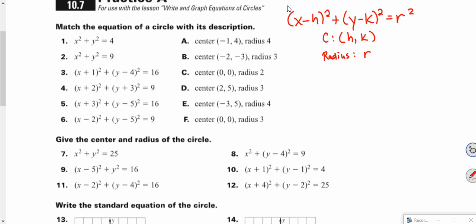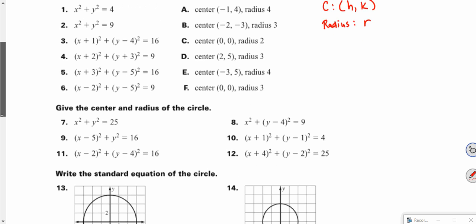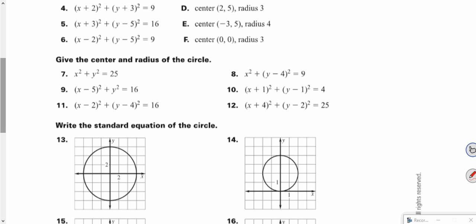Let's do number 10 together. This next section says give the center and radius of the circle. First of all, this is definitely your k. This is actually your negative h, because that's a plus and the original has a minus in it.